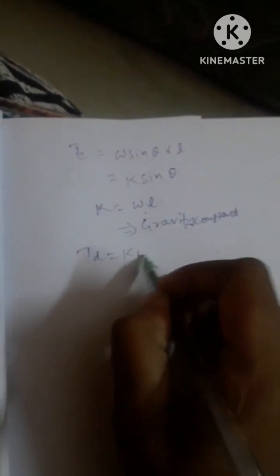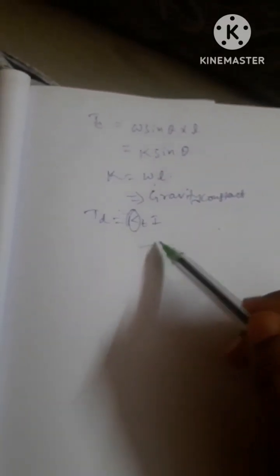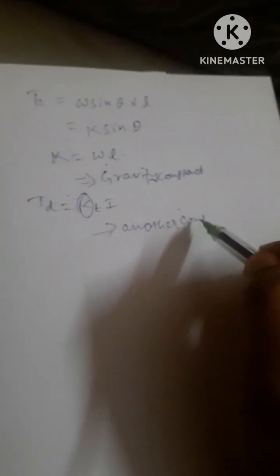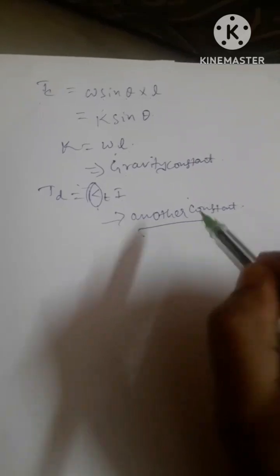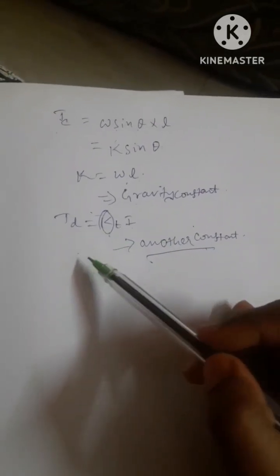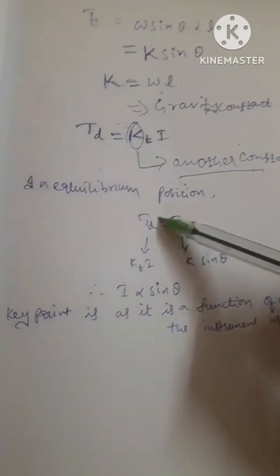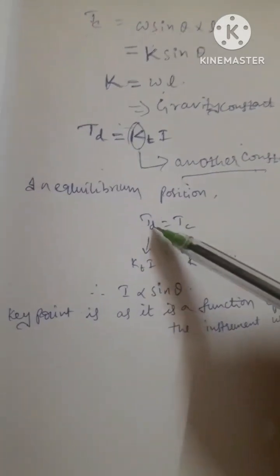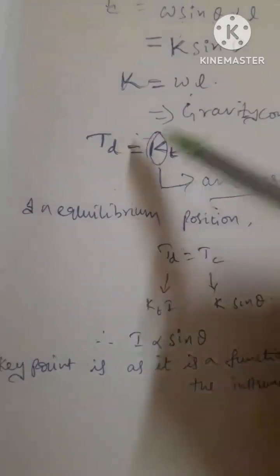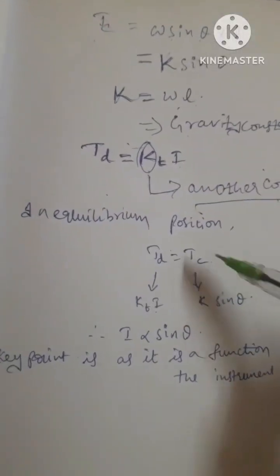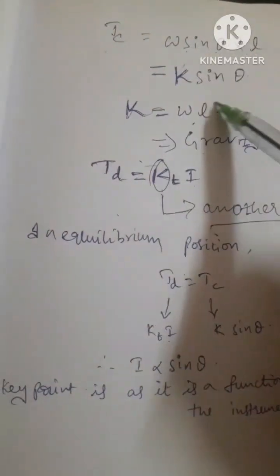Td is equal to Kt into I, and Tc, the controlling torque, is equal to K sin theta.